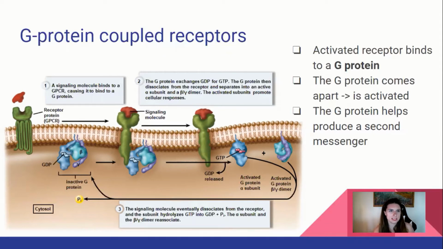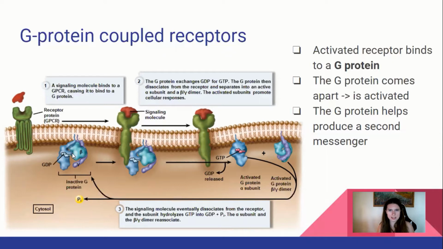When our G protein coupled receptor is activated, so after that signal binds in, what happens is that our G protein coupled receptor, so the protein that bound onto the signal, is then going to bind on to its other side, the intracellular part. It's going to bind into another protein, a peripheral protein, called a G protein. So steps, we have a signal bind on the outside, and then that receptor binds to a G protein.